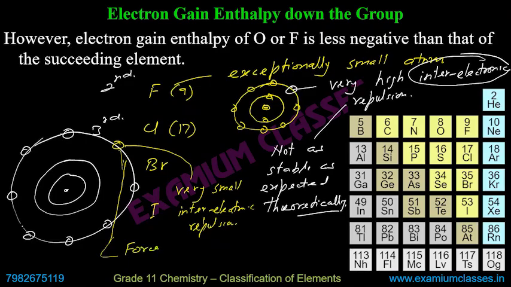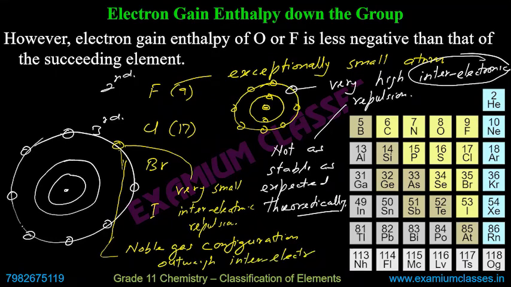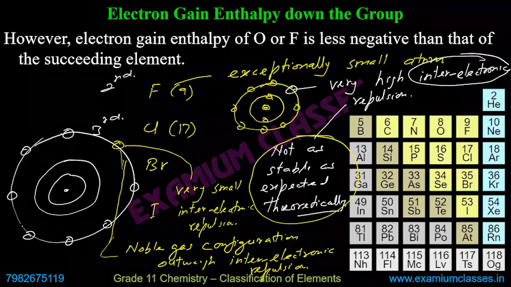However, in fluorine, due to higher interelectronic repulsion, the force of attraction is less, it is less stable, and less energy is released.